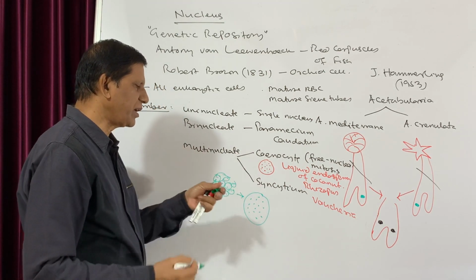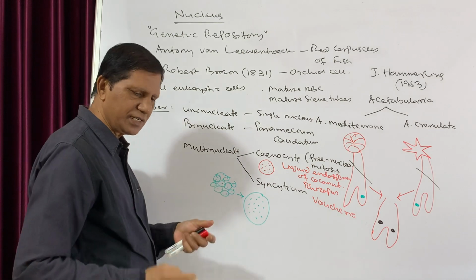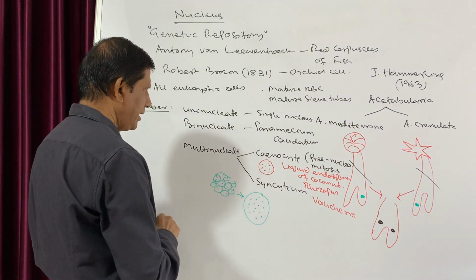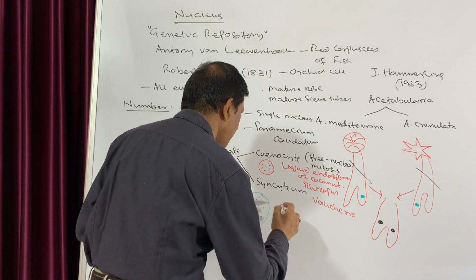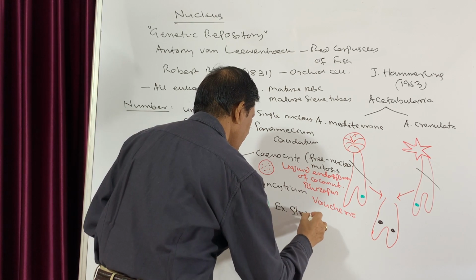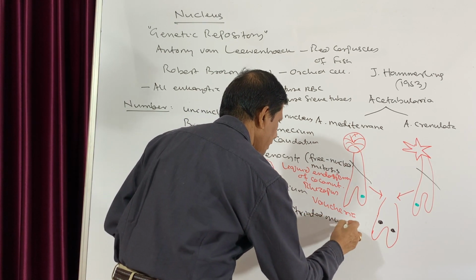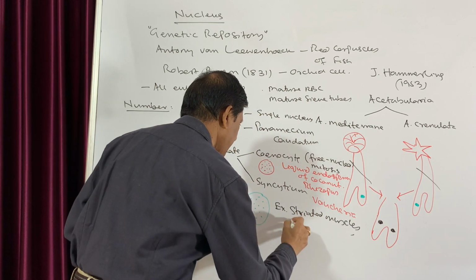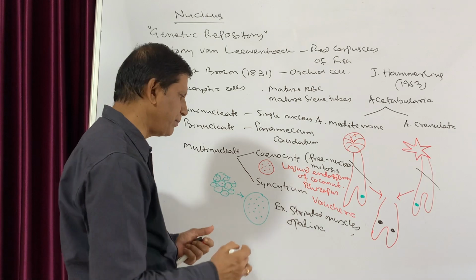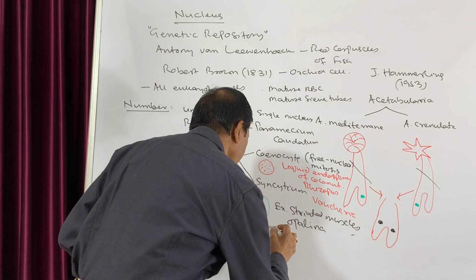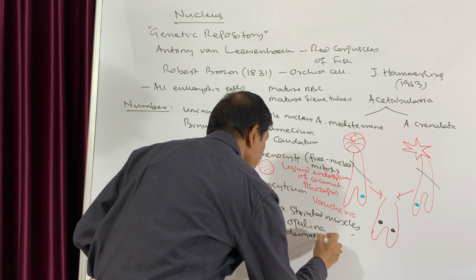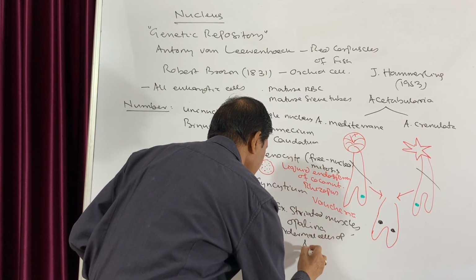So this is the basic difference between Coenocyte and Syncytium. The common example of Syncytium is found in striated muscles. Then we also find it in Opalina and in the epidermal cells of Ascaris.